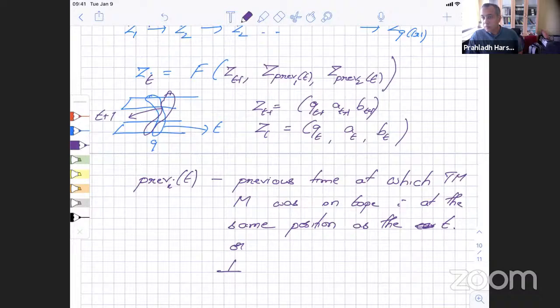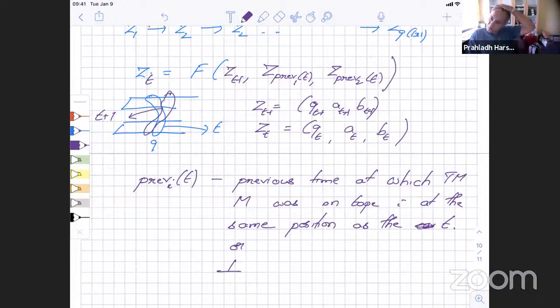Like you have AT and BT at time t, and all you need for ZT plus 1 is AT, BT, and the ones on the left and the ones on the right? For ZT, let's say ZT minus 1 to ZT. Suppose you are given ZT minus 1, you are given AT minus 1 and BT minus 1, and the head is pointing to these 2. When a delta function is applied, you get ZT.